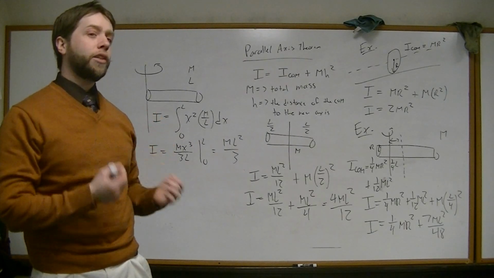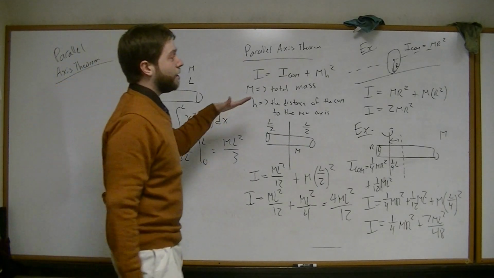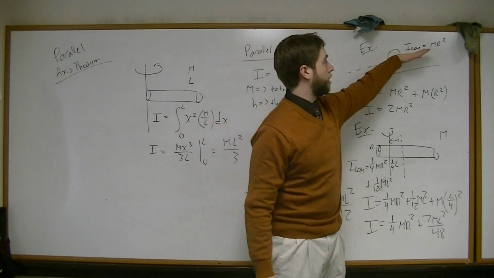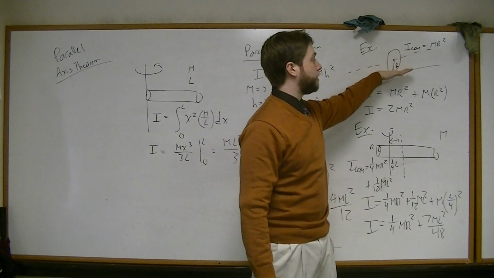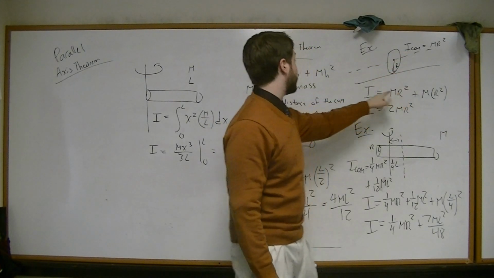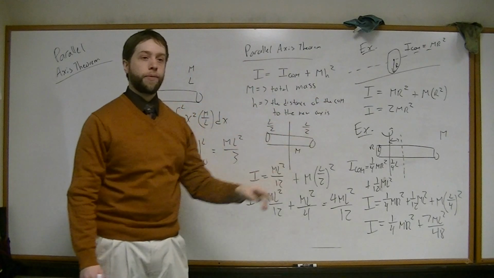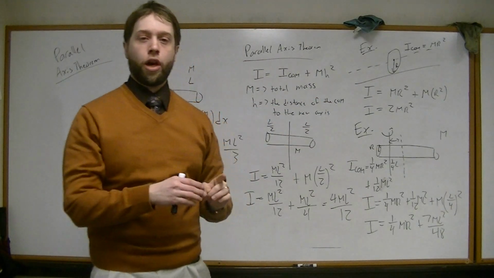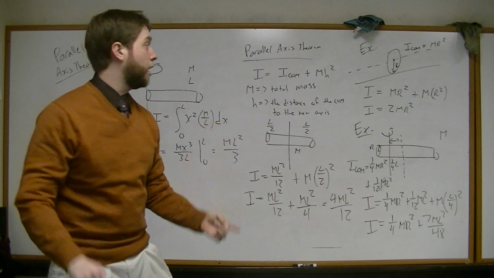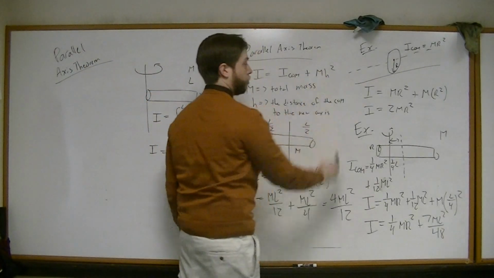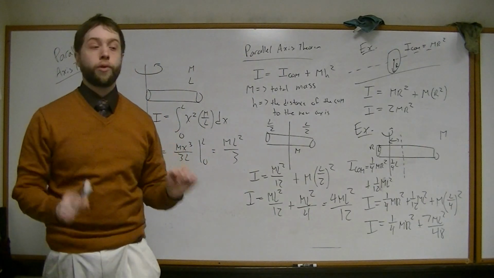But what you can know is the basic one that you start with on the table. Start with it on the table, and then shift it appropriately, and that stands in for your h value here. So take a geometry that you know, figure out the distance that you're shifting the rotational axis, and then you just add in this mh squared term. It makes life really simple.